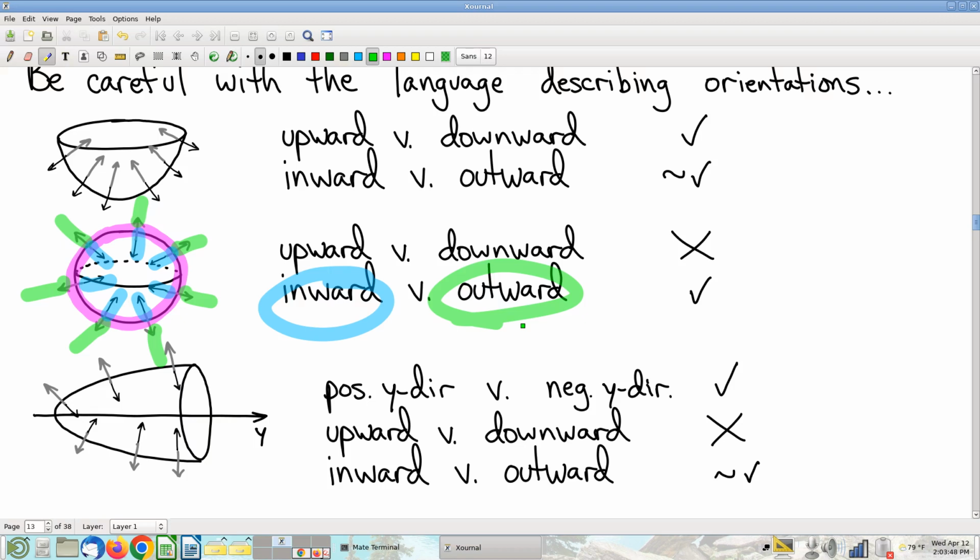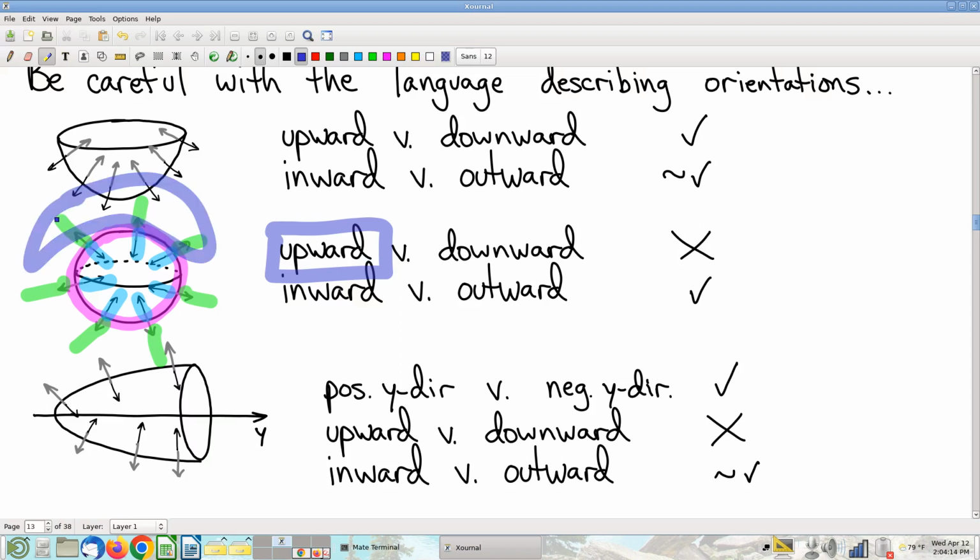Does that make sense? Oh, and then just for comparison, what about this word upward? Which of these two orientations, light blue or green, which of these would be upward? Neither or both. This word upward does not do the job here, because the green orientation, some of those vectors are upward, some of them are not.